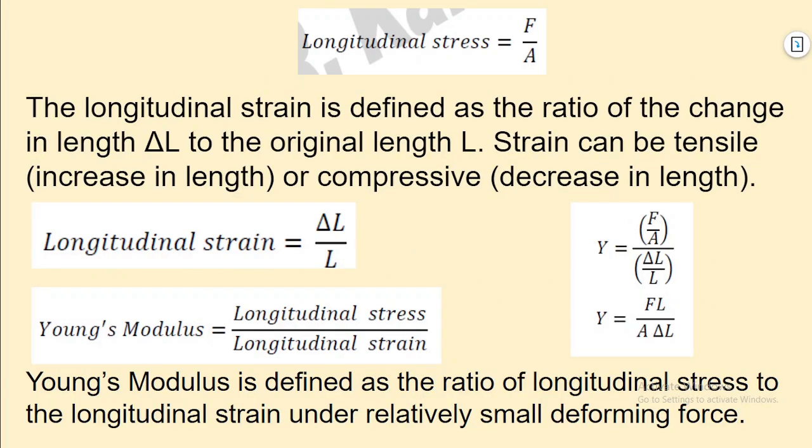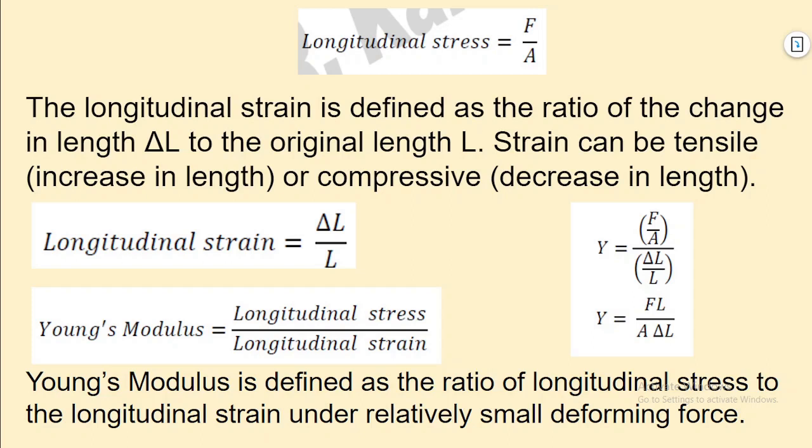So when we consider Hooke's Law in the case of a wire, if we apply a load to it in such a way that there is an extension, that is, a change in length of that material, in that case the stress is called longitudinal stress.